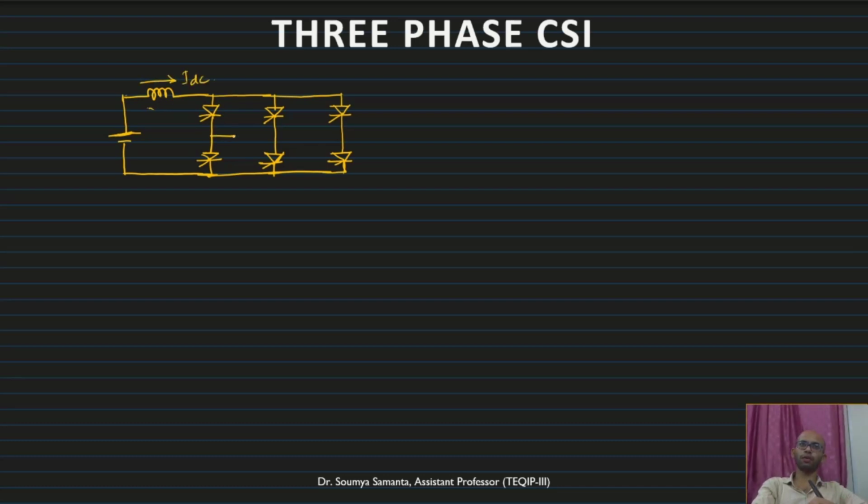So we are getting, this is R, this is Y, this is B. So we can connect a load across this. Suppose we are connecting our load.